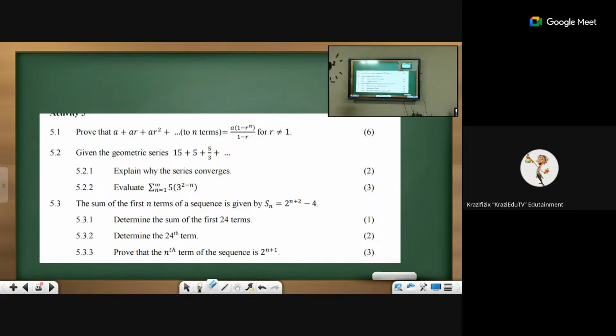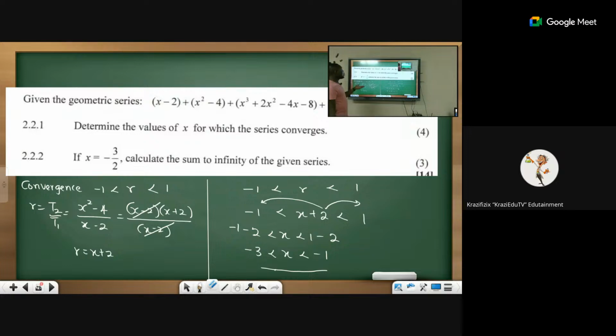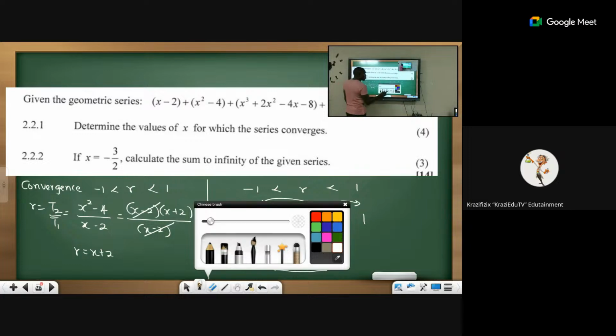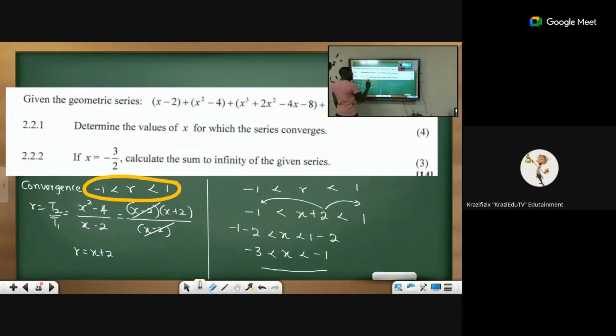Let's look at the next one. Oh, we started this yesterday, right? Beautiful. And I led you on to what the examiner means. Given the geometric sequence, determine the value of x for which the series converges. What is the rule of convergence? R must be between that.